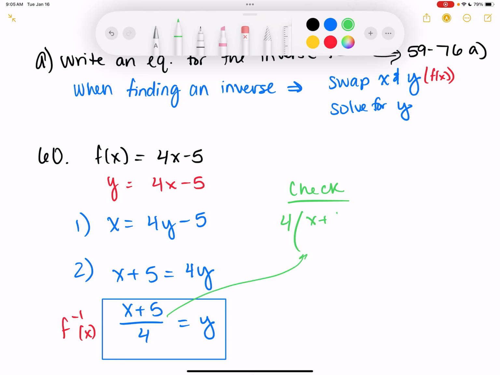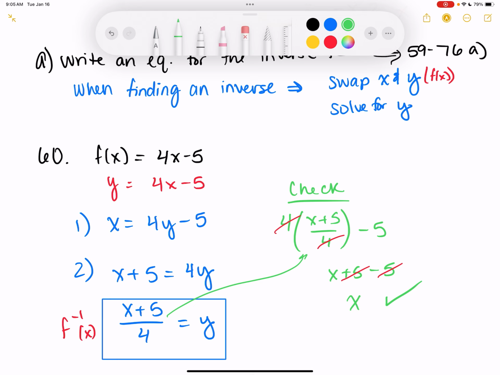So (x plus 5) divided by 4, minus 5. So 4 cancels. So I have x plus 5 minus 5. 5's cancel. And so I'm left with, what's happening? I'm left with x. So these are inverses. So I know I did it right.